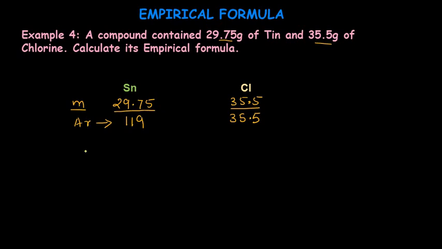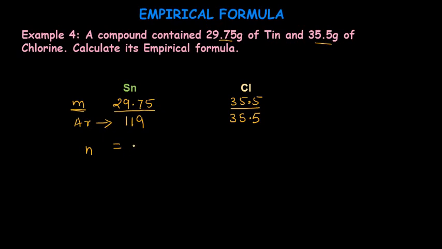So this is the formula for number of moles as we have seen in our earlier video. The number of moles is equal to mass divided by its relative atomic mass. So in short, here we are finding the number of moles of each element present in the compound. Means in our earlier example also, by dividing with the relative atomic mass, we had found the moles.